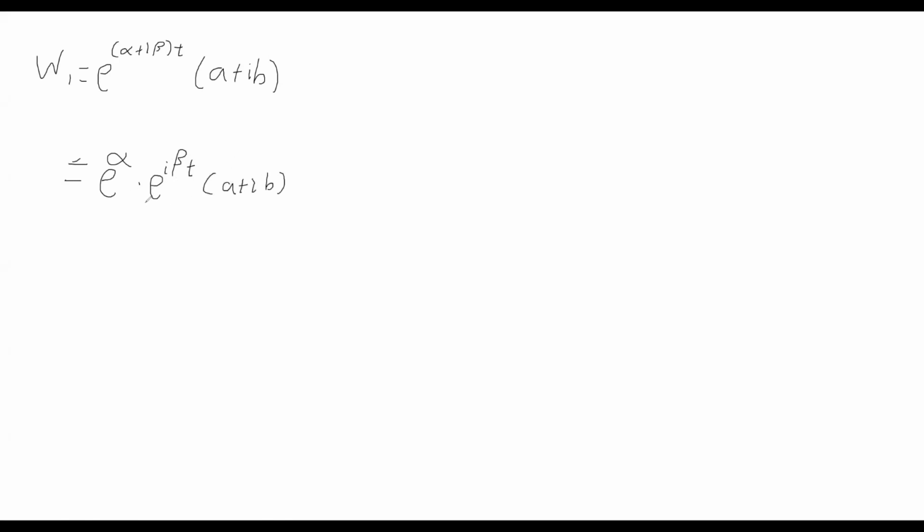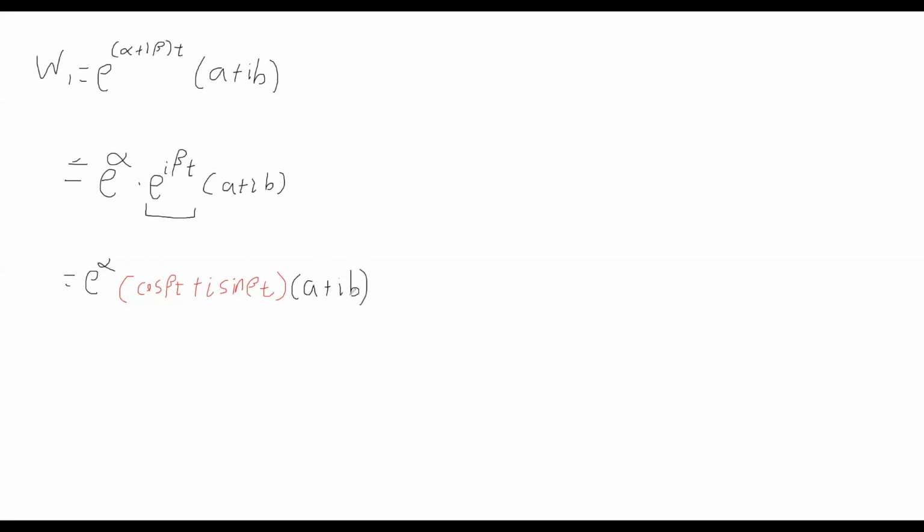Okay, and we can apply Euler's equation on this, which will look like this: e to the alpha t, and then e to the i beta t, which we can write as cosine beta t plus i sine beta t, and then a plus ib.